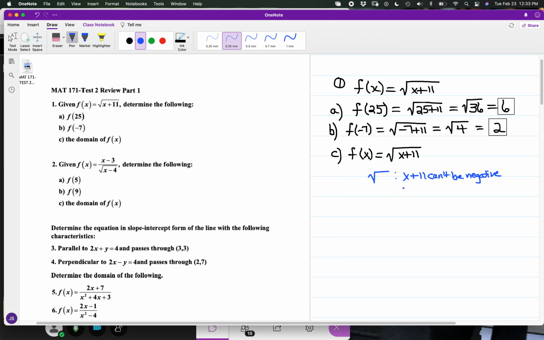Okay, now it can be zero and it can be positive. Okay, so we have x plus 11 is greater than or equal to 0, so we have the x is greater than or equal to negative 11.